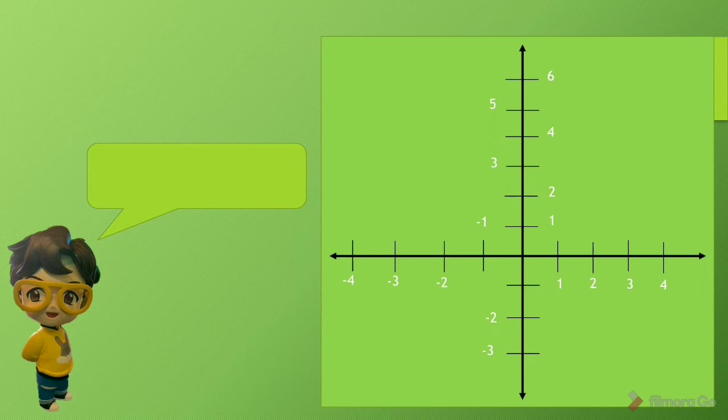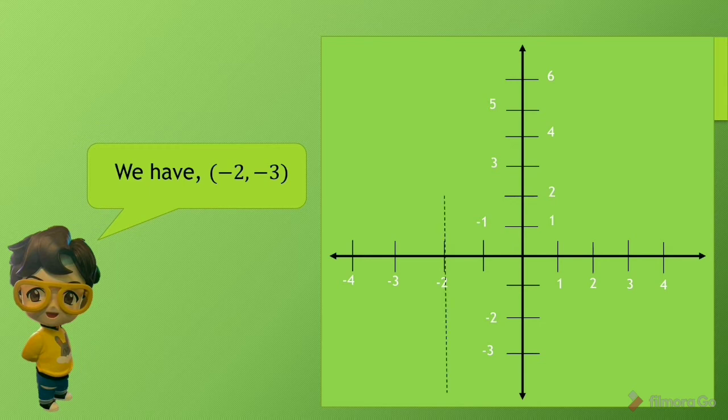So now we are going to plot the points. How are we going to plot the points? Let's have first the first ordered pair, (-2, -3). So the most efficient and useful way is to make first a broken line on the given values sa ordered pair. For example, -2.